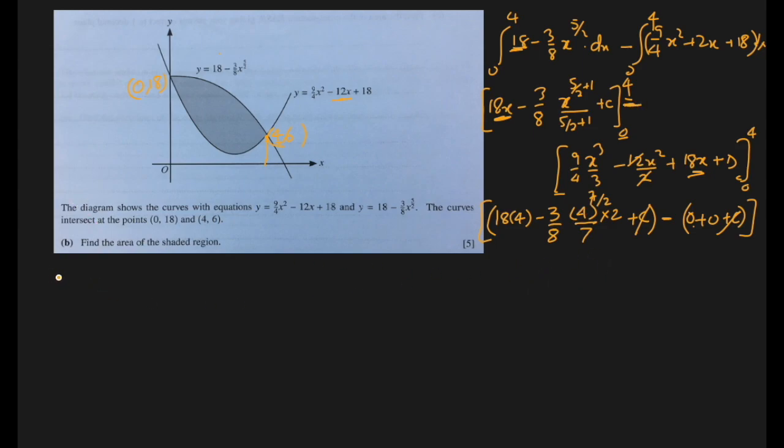Let's do that here. 9 over 4, this rather cancels here. 3 over 4 x cube, 4 cube. So this 4 will also cancel with one of the 4, so we are left with 4 square here.